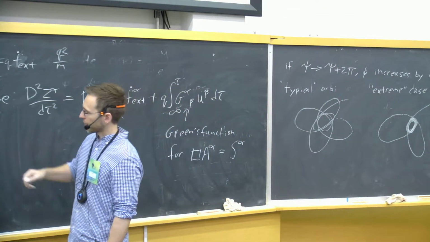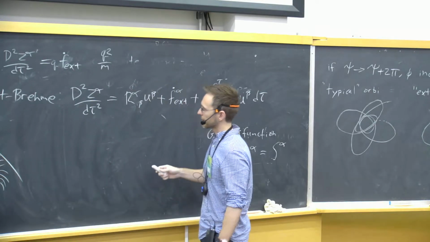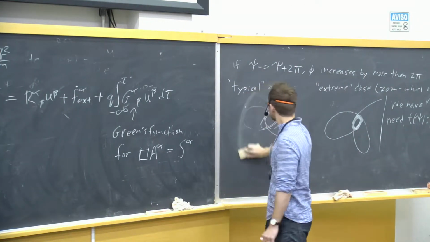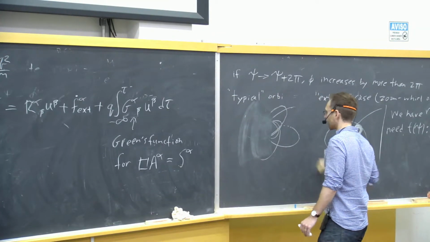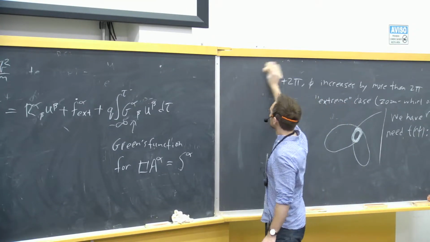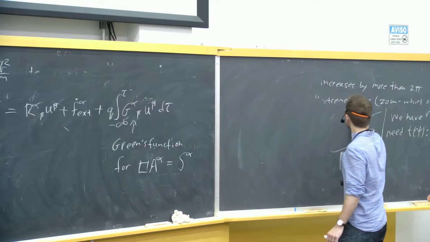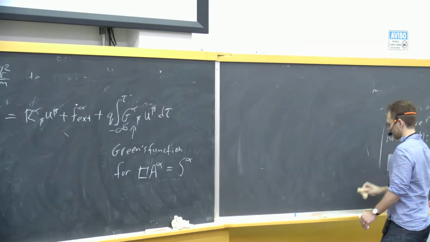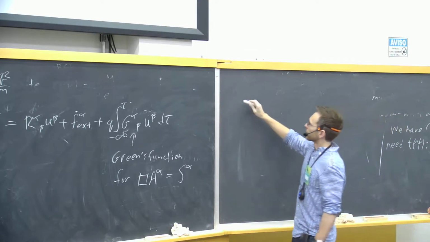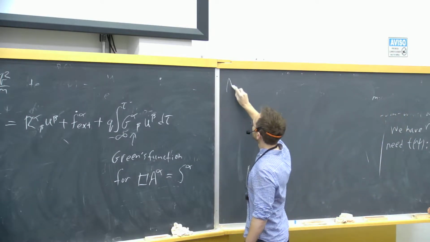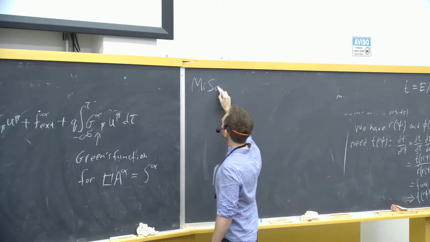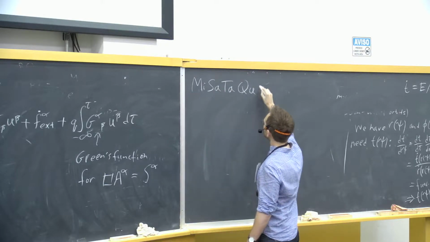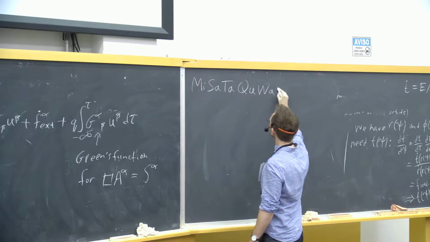And then the story for linearized gravity is essentially exactly the same. Yeah, so for linearized gravity in the Lorenz gauge, you have the same picture. And it was derived by Mino, Sasaki, Tanaka, Quinn, and Wald.